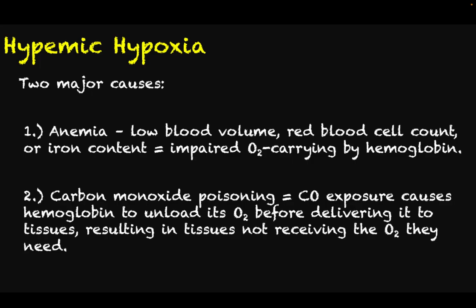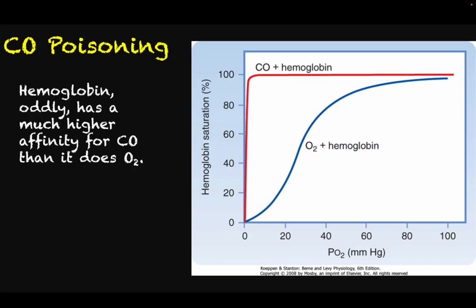Carbon monoxide can come from all sorts of things like cigarette smoke to engine exhaust or any kind of machine that burns fuel. So carbon monoxide, which again is distinct from carbon dioxide, so please make sure that you don't confuse the two, carbon monoxide exposure will actually cause hemoglobin to unload its oxygen before it actually delivers it to the tissues, which results in the tissues not receiving the oxygen that they need.